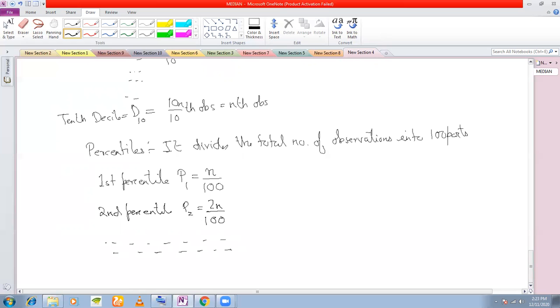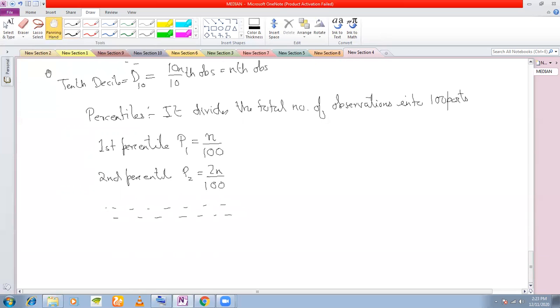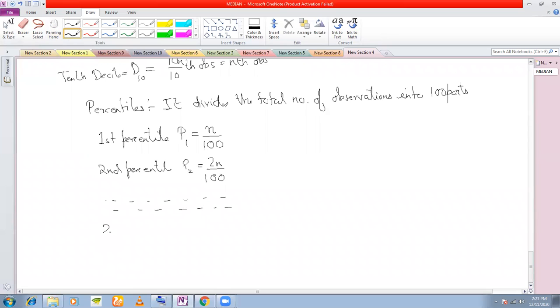Very interestingly, what you will see here is that the 25th percentile, P25, is the 25n by 100th observation, which is equal to the n by 4th observation.